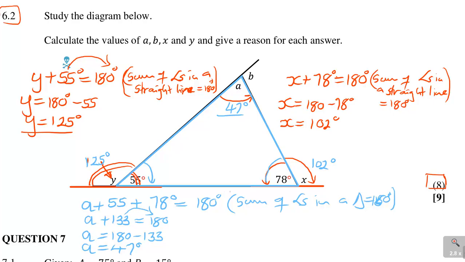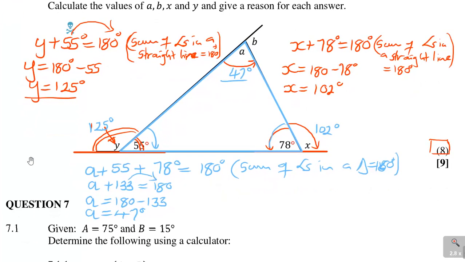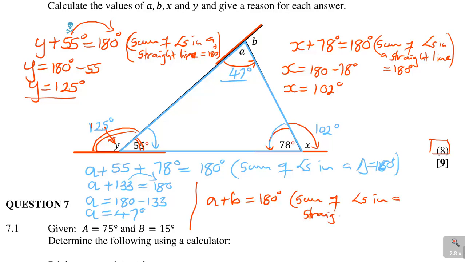Then the next and the last one I need is my B. Now to get my B, here is the same concept. If I look at this line here, it is a straight line, meaning A plus B is equal to 180 degrees, and these are the sum of angles in a straight line. Remember, keep writing the reasons because they ask for it with reasons, right?